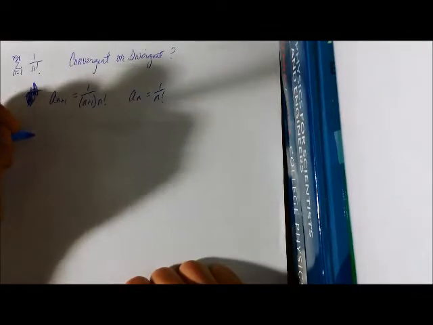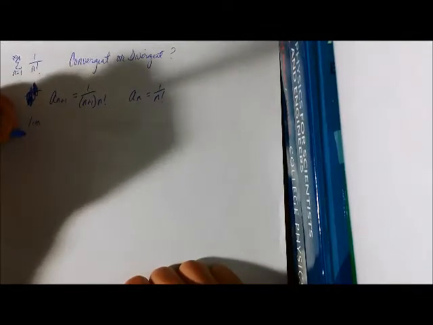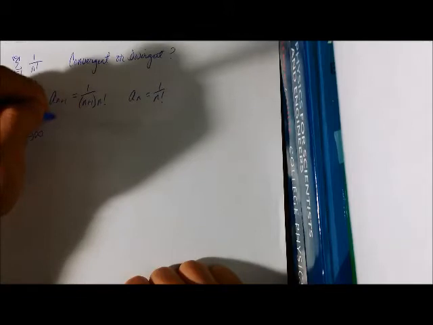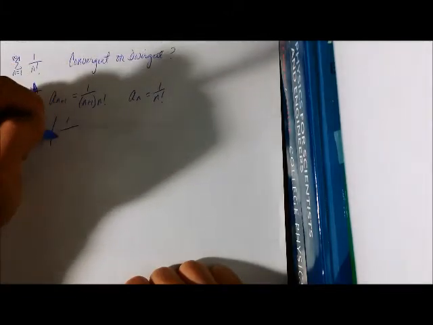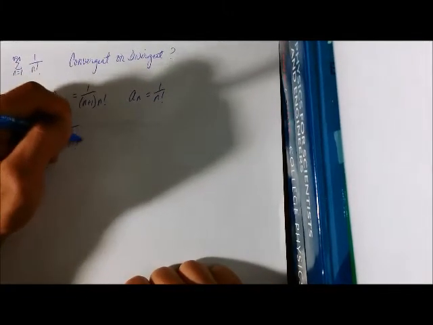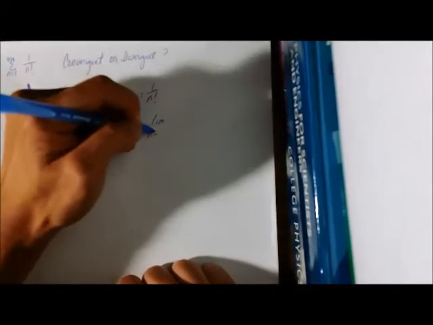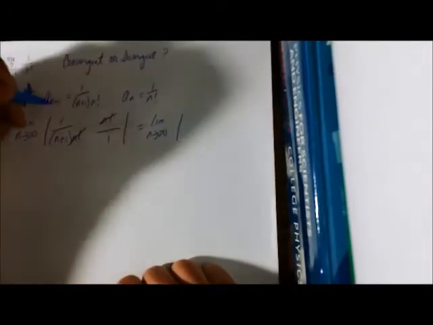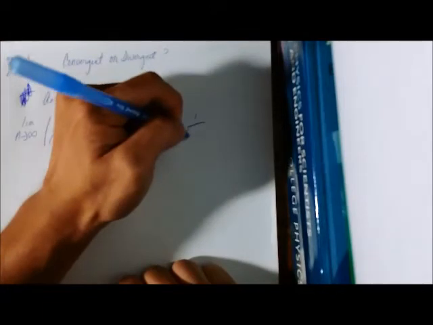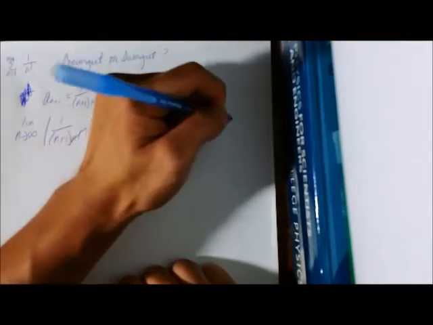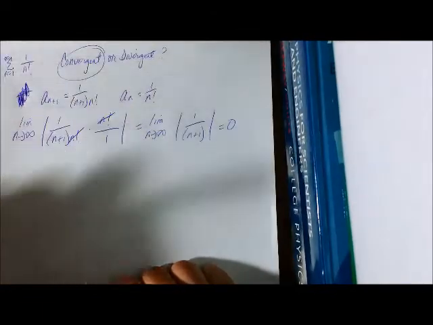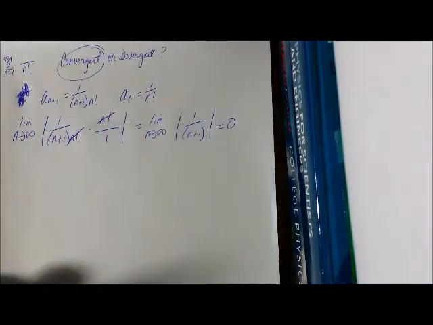If we take the limit as n approaches infinity of a of n plus 1 over a of n, we have 1 over n plus 1 times n factorial times n factorial over 1. The n factorials will cancel out, leaving you with the limit as n approaches infinity of the absolute value of 1 over n plus 1. If you take the limit, it goes to 0. Because of the ratio test, the series converges.